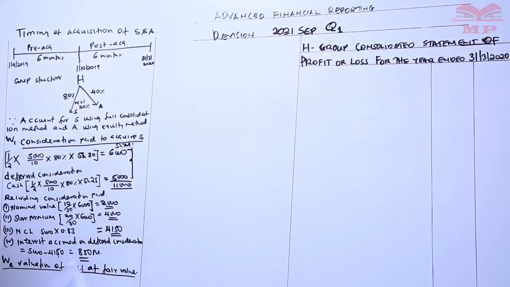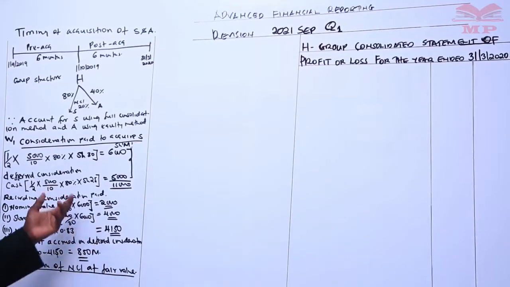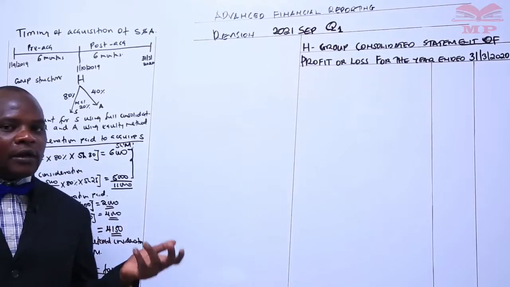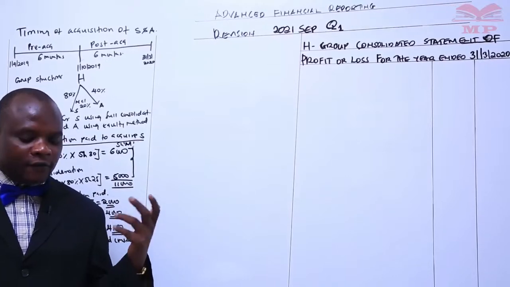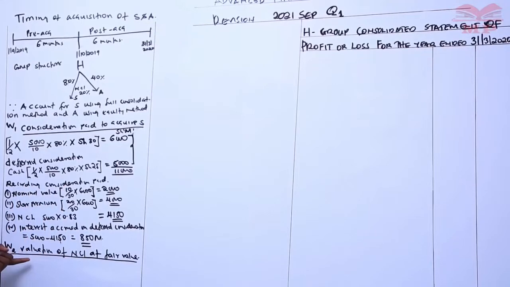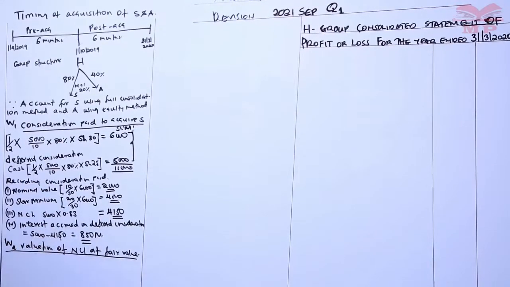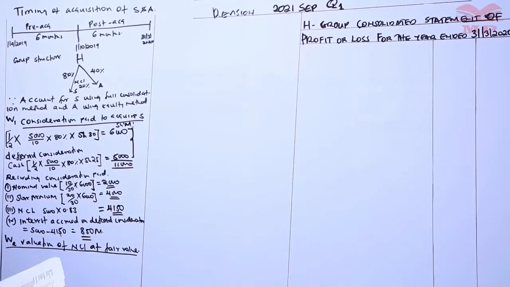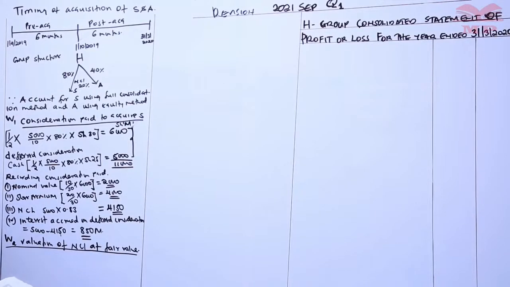According to IFRS 3 Business Combinations, we can value NCI at fair value or at the proportionate share of net assets. But at this time, we are using the fair value. If we get a question that requires proportionate share, we'll demonstrate that.